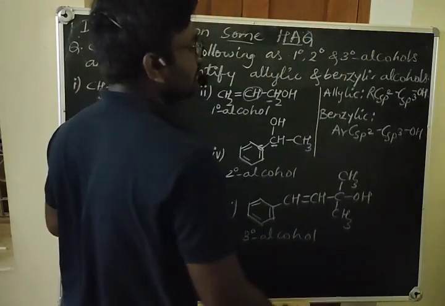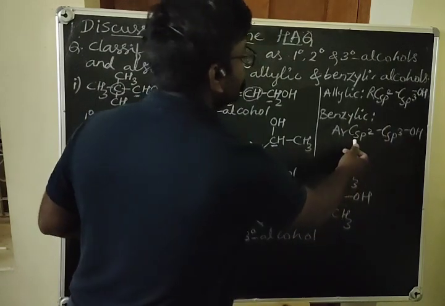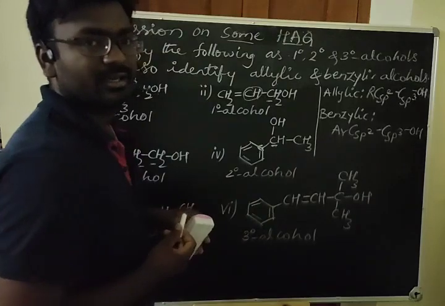Here the OH group is present on an sp3 hybridized carbon next to the benzene ring.